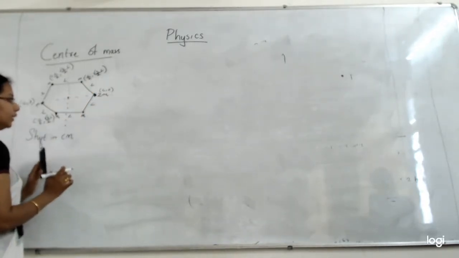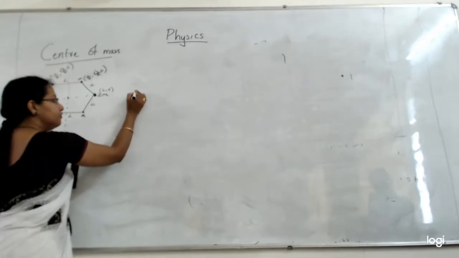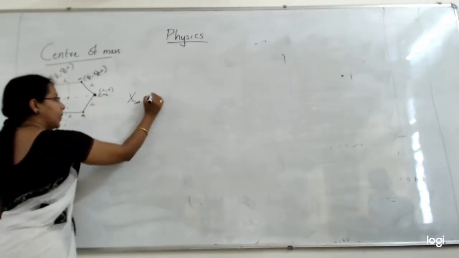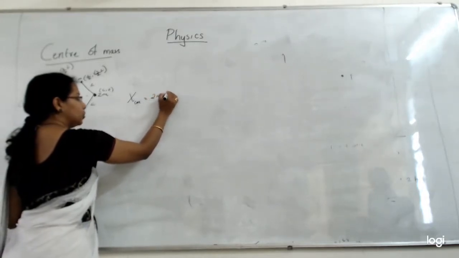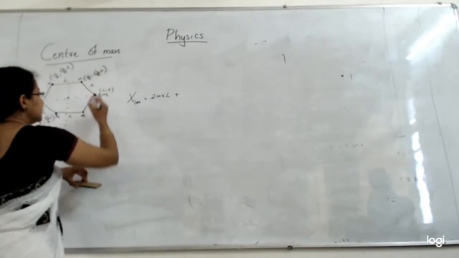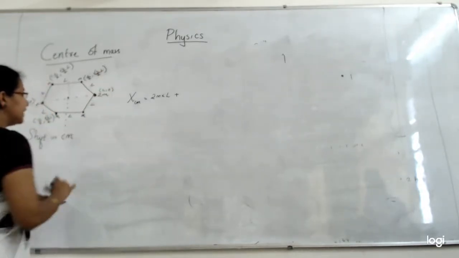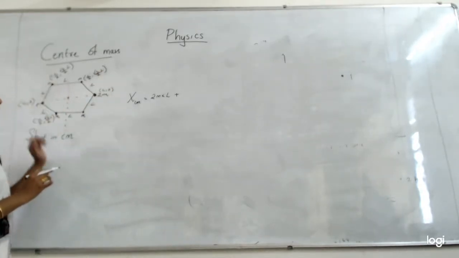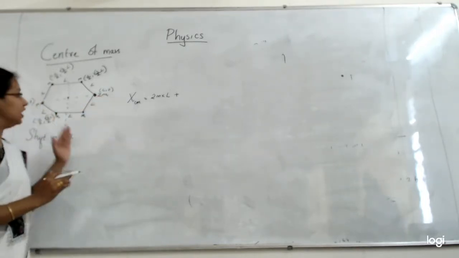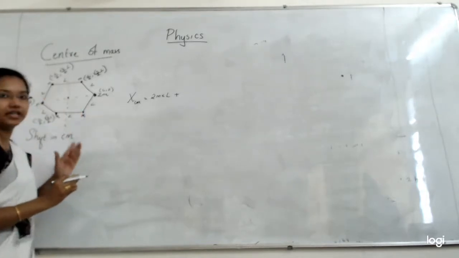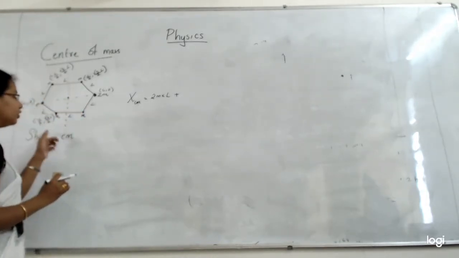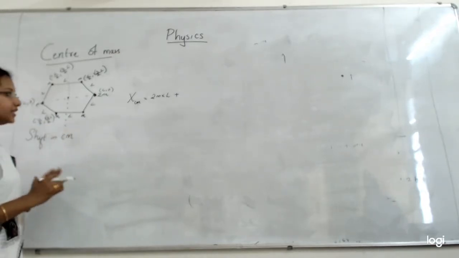So I'm going to calculate the shift in center of mass. For that, I'm writing HCM. You start from here: 2m into L plus, taking the y-axis, all the masses are the same, and the 2m is placed along the x-axis. So your center of mass will shift towards the x-axis only. The y-coordinate, if you solve it, will get cancelled; YCM will be 0.